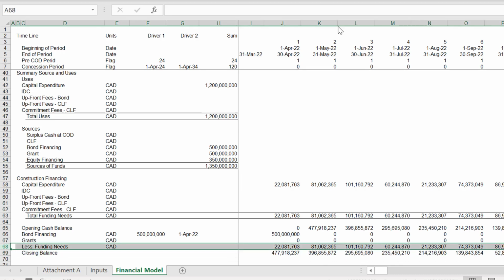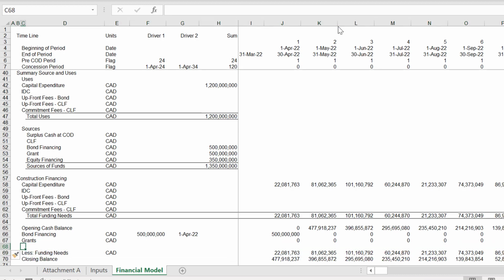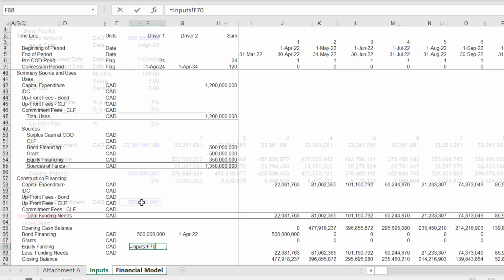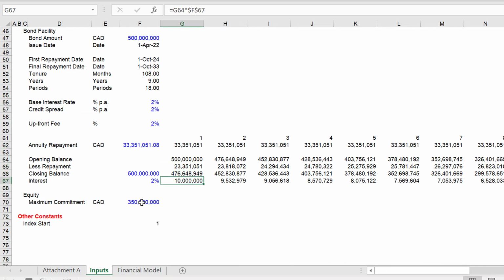Let's also put the equity commitment. Okay, and again, I don't know if this is right or not, frankly. And the equity commitment, they told us the equity commitment date.